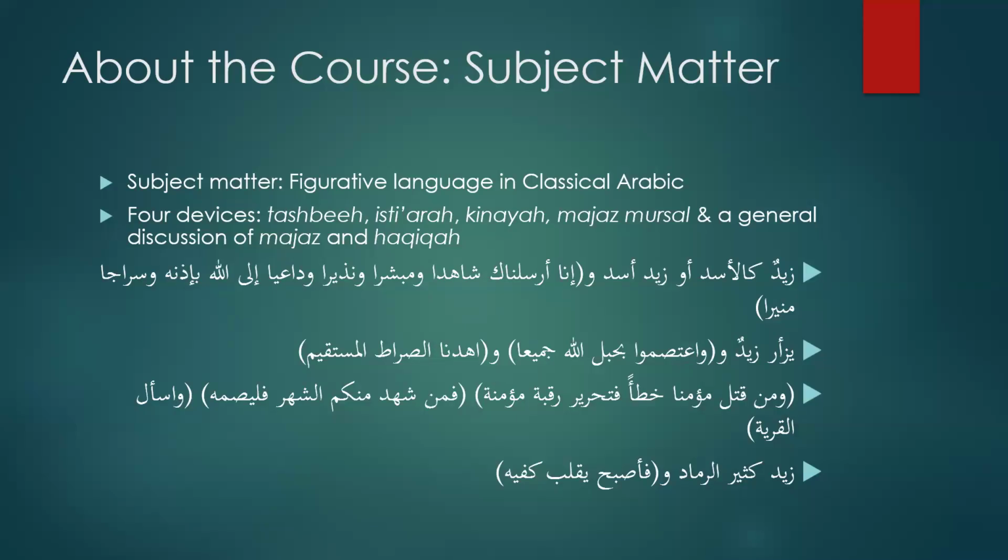In yaz'aru Zayd, the mushabbah bihi, a lion, is omitted. In the case of bihablillah, the mushabbah bihi is mentioned, but the mushabbah, which is deenullah, is omitted. So what's important is that when we remove one of the mushabbah or the mushabbah bihi, we're saying that the mushabbah is basically the mushabbah bihi, and so it stops being literally true and it becomes a majaz. Okay? But here the relationship is comparison. Here the relationship is not comparison.